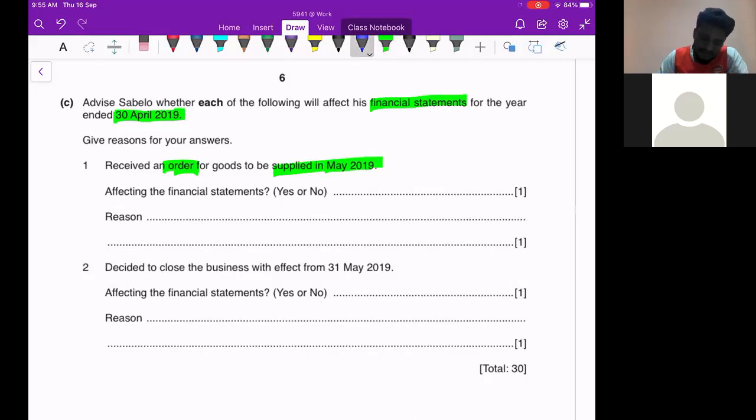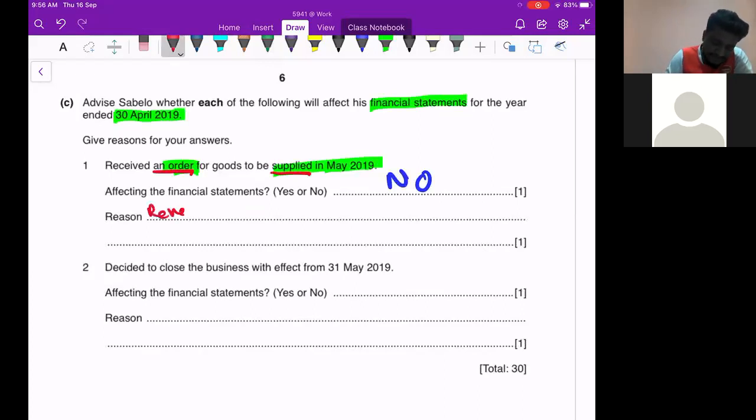No effect. Why no effect? Not matching principle. The key point is here: order, supplied. Yes, this is the application of the realization principle.